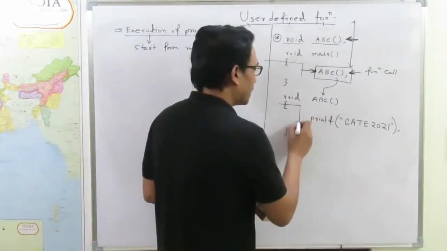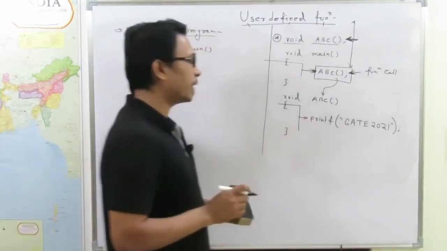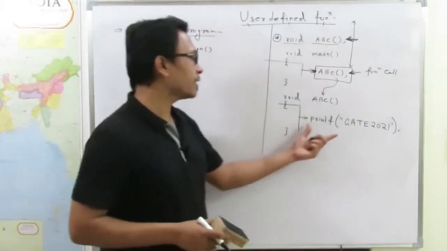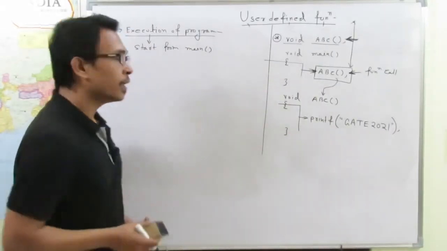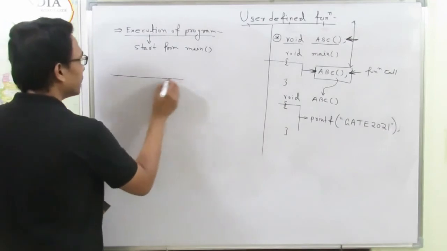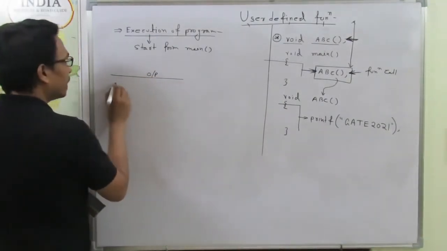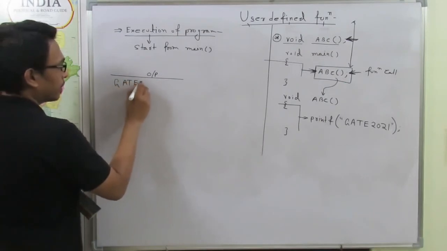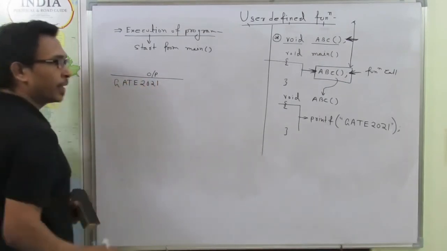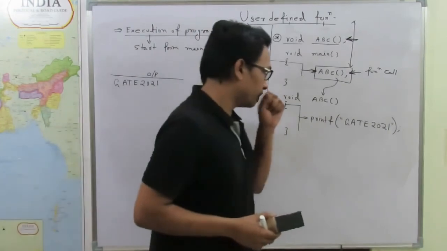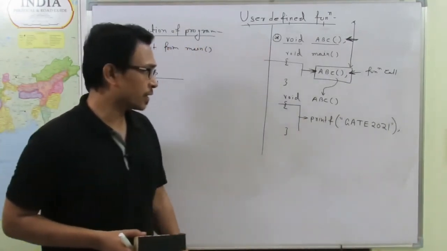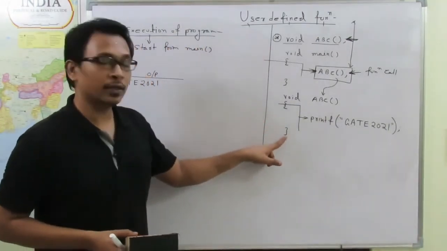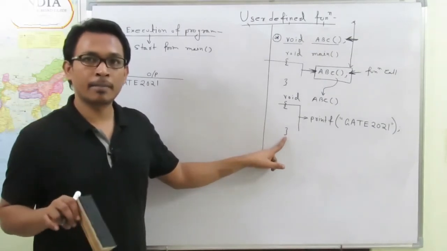Now system comes here and executes this particular instruction, and whenever system executes this instruction, in the output we get the string get 2021. Clear? And after execution of this particular instruction, system encounters this closing brace.